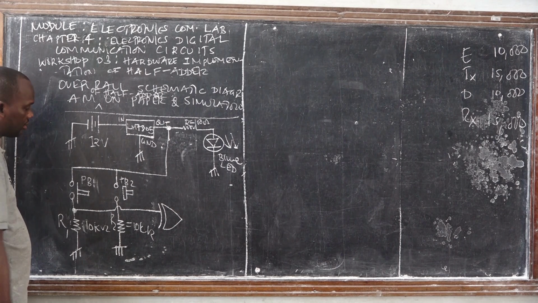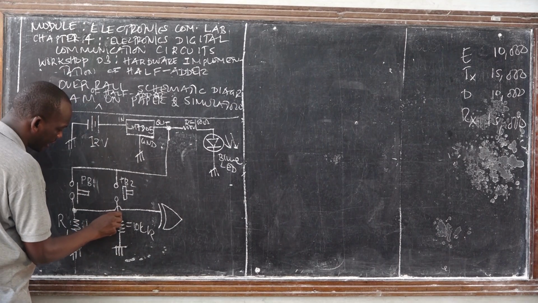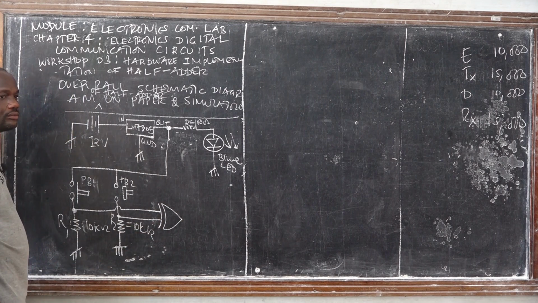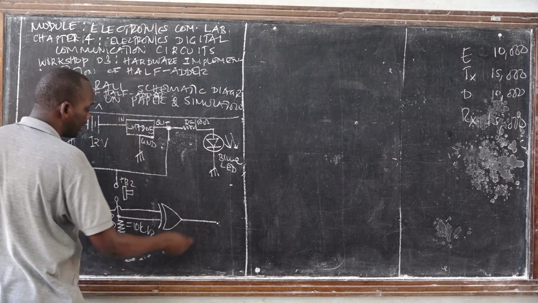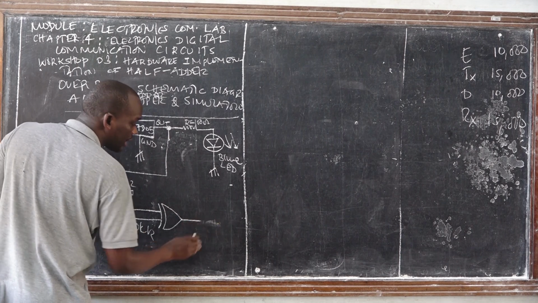Then another input will be drawn from here. Then we have drawn the schematic circuit diagram for the sum.